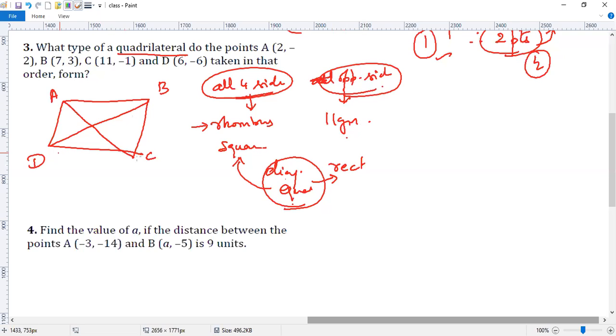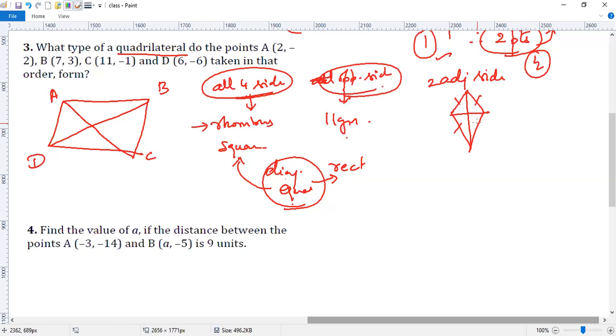So just using the sides first, if all 4 sides are not equal, nor are the opposite sides equal, it is just any type of quadrilateral. Sorry, not a parallelogram. It doesn't have any specific type. Another way: if 2 pairs of adjacent sides are equal, then it becomes a kite. Do you remember this?